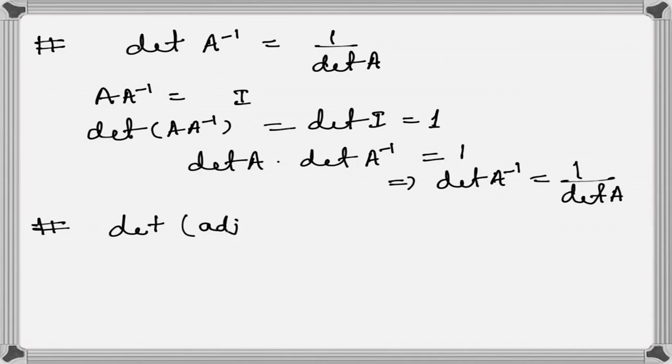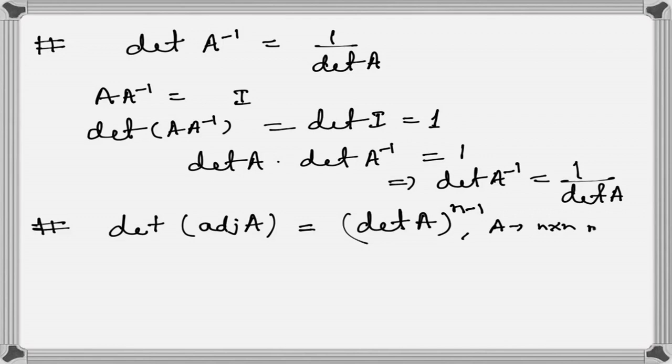Okay, now another one is related to the adjoint. The determinant of adjoint A can be obtained from the determinant of A, raised to the power n minus 1, where A is an n cross n matrix.